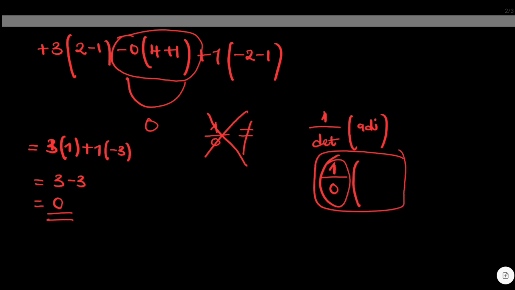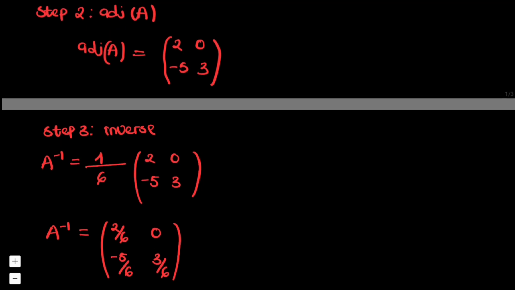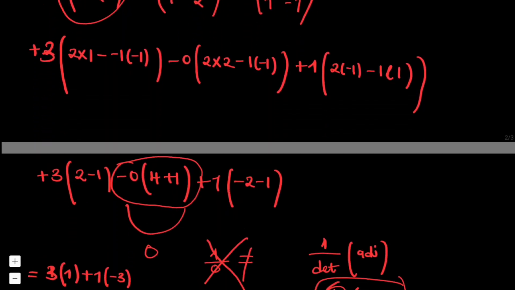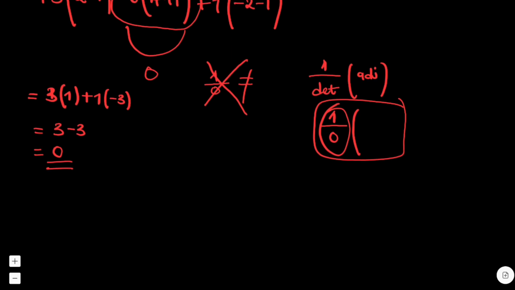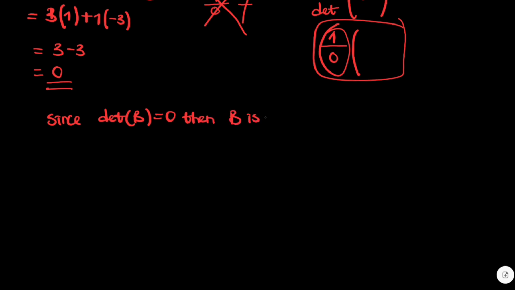In this case, we have found the determinant and we have seen that it is equal to 0. So write that since the determinant of B is equal to 0, B is undefined, which means it does not have an inverse.